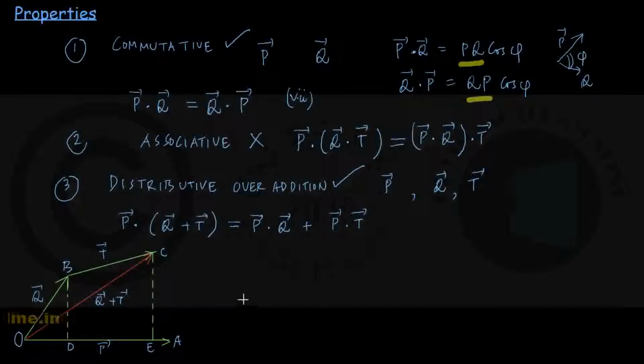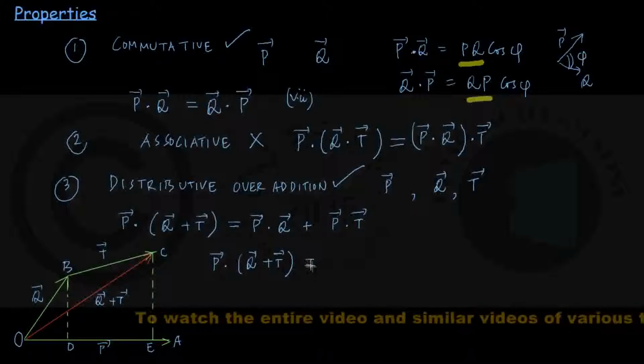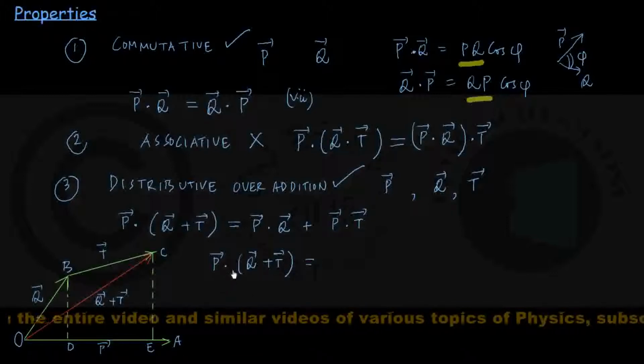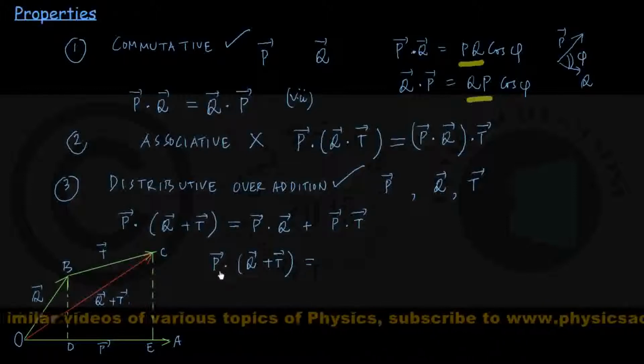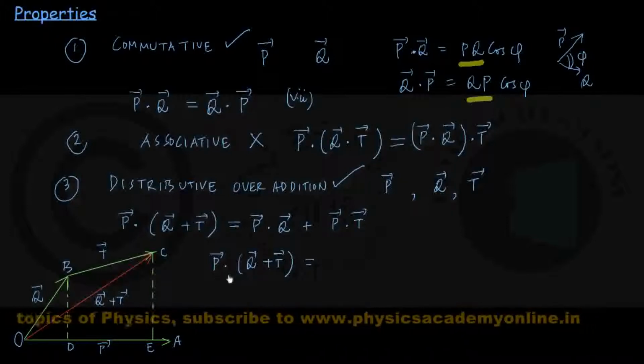Okay, so let's proceed. We could write here P dot Q plus T. When I say that, I remember that graphical interpretation done a short time back, that says that dot product of two vectors can be thought to be the magnitude of one vector and the magnitude of the component of the other vector along the first vector.